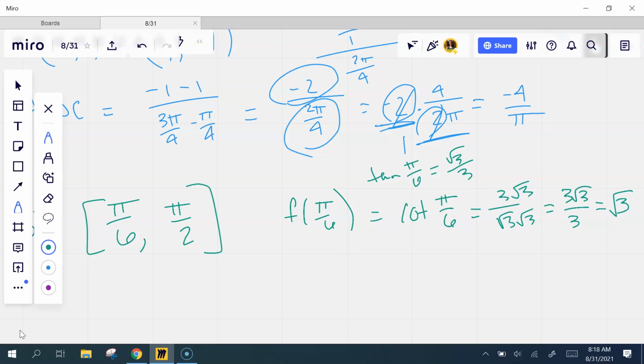So what's the tangent at pi over 6? Square root of 3 over 3. So that value is also the cotangent of pi over 3 because x and y are inverted. I don't know, my brain works like that sometimes. But it's not wrong to work through it this way also.